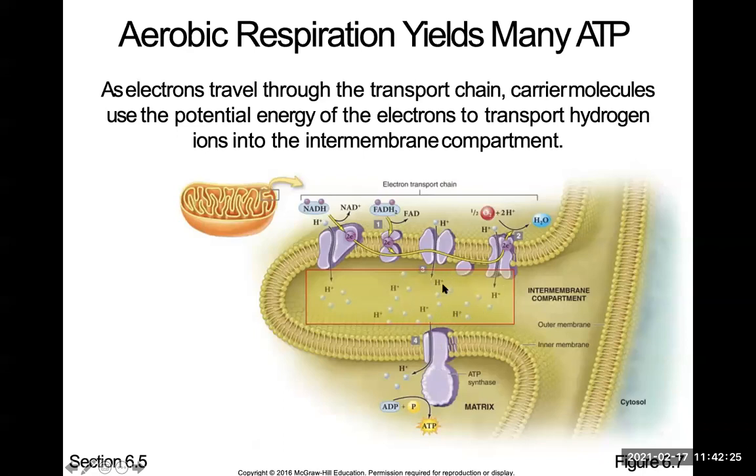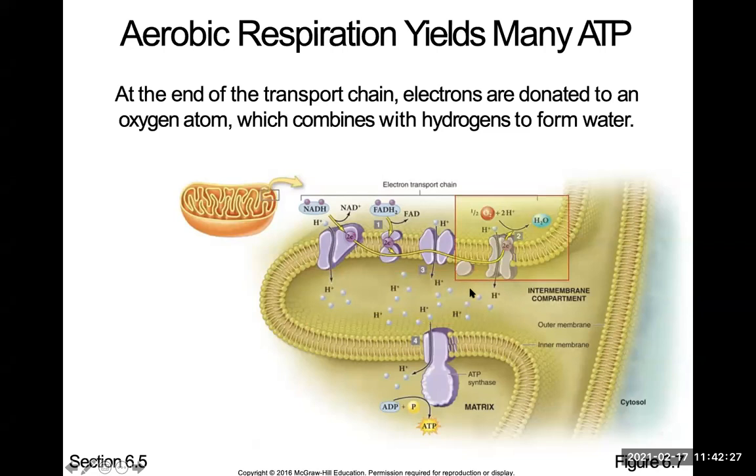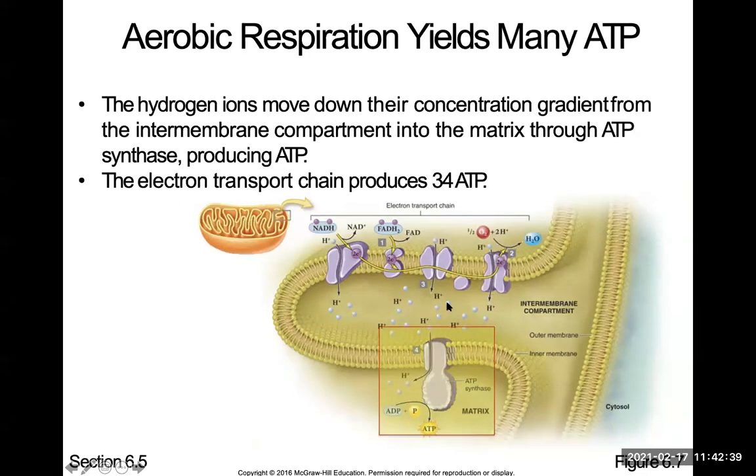The final electron acceptor is oxygen: hydrogens combine with oxygen to form water. And the hydrogen that's inside, high in concentration, wants to leave from high concentration to low, which makes a concentration gradient, and it leaves through ATP synthase.